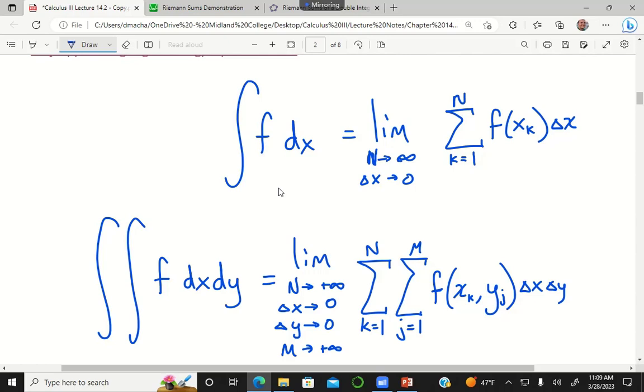So that's what I mean by a double Riemann sum. You don't have to memorize all these symbols. I'm not going to include that on any kind of exam. But remember that we're talking about adding up those little square prisms, all the little volumes.